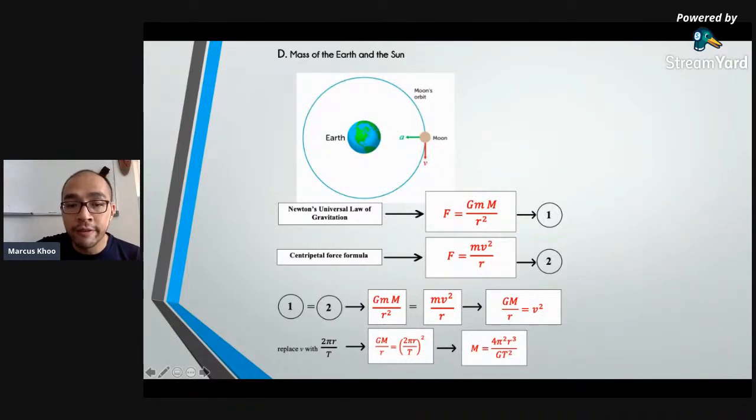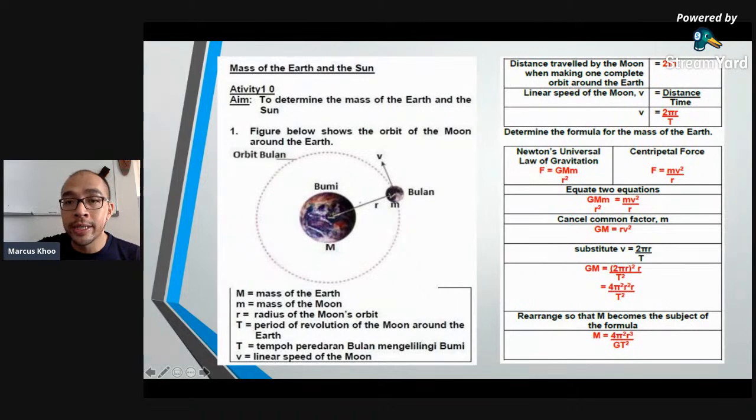If we equate both of them and simplify, we get this formula, which is GM over r equals v squared. Then we replace v with the formula 2 pi r over t. How do we get 2 pi r over t? The distance traveled by the moon when it is making one complete orbit is known as the circumference of the circle.